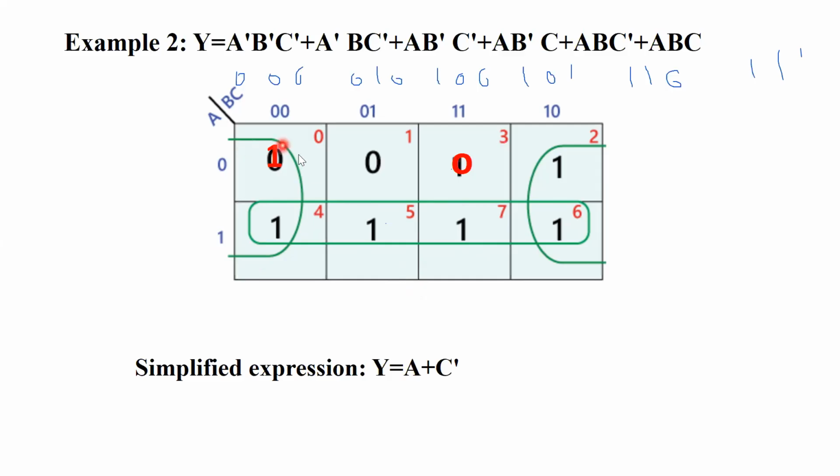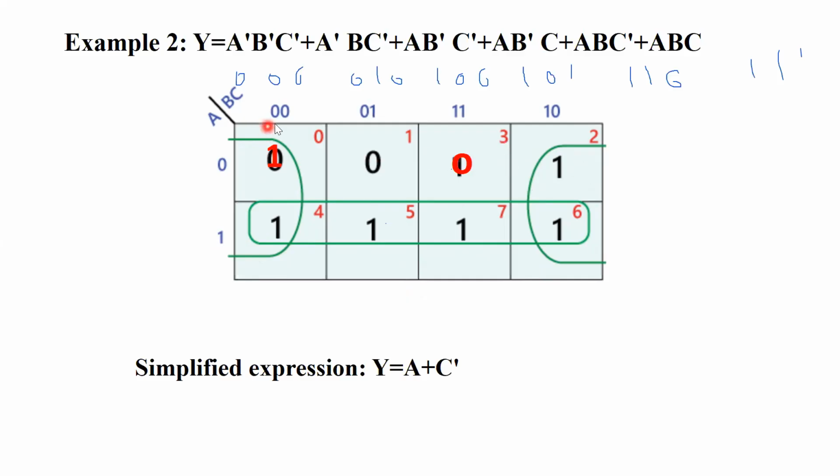Now consider group 2. From this, the value of A changes from 0 to 1. For this also, the value of A changes from 0 to 1. A is gone from the picture.